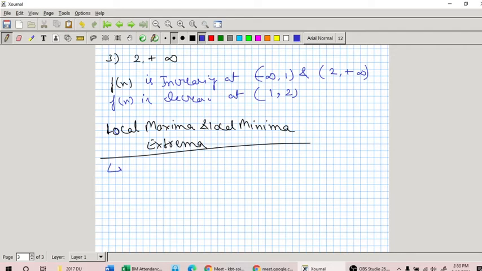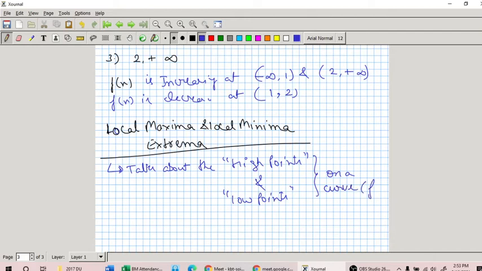So this particular concept talks about the high points and the low points on a curve. This curve is nothing but a function.